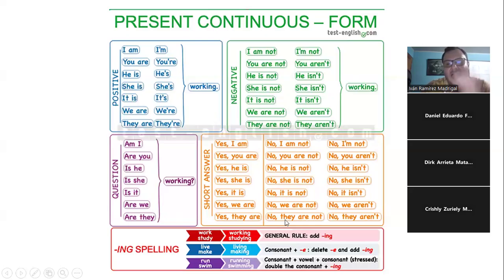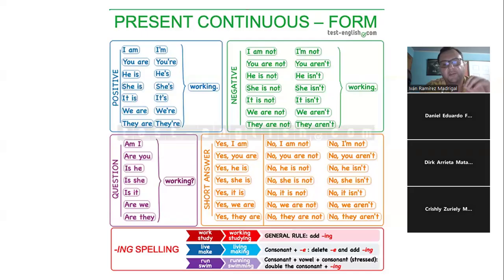We always add ing, right? We have to pay attention to one-syllable verbs because one-syllable verbs, when they are given in the format consonant, vowel, consonant, reading from here, run, consonant R, vowel U, consonant N, I cannot forget to double the final consonant before adding ing, okay?